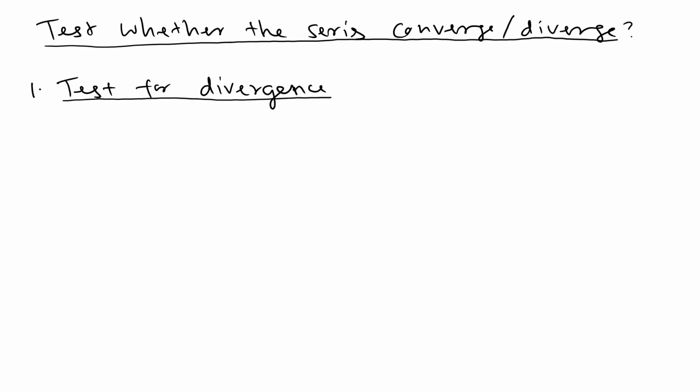So in the test for divergence, let's say we have the series sigma a_n. What we're going to do is look at the limit of the nth term. So if the limit, when n goes to infinity, of a_n is not equal to 0, that can happen in a few ways.